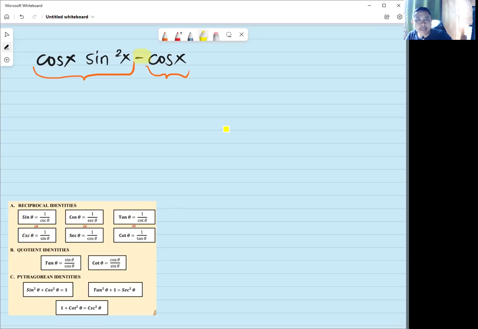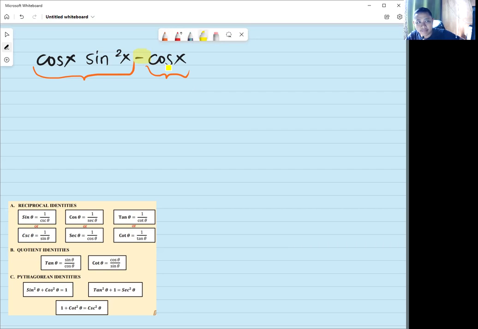So, as you can recall, the process a while ago, kapag ganito wala tayong ibang pwedeng gawin, one thing to solve this is to do the factoring. Okay?